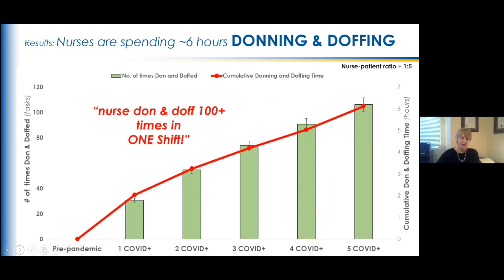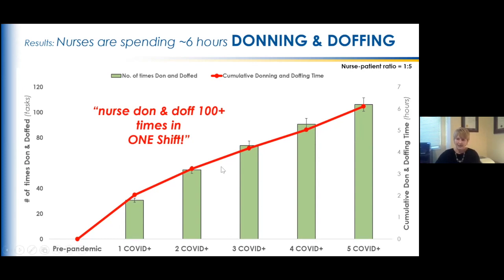So you'll see here on the y-axis, donning and doffing increased as the number of COVID positive patients increased, ranging from 31 to 106 times in a 12-hour shift that they would don and doff.